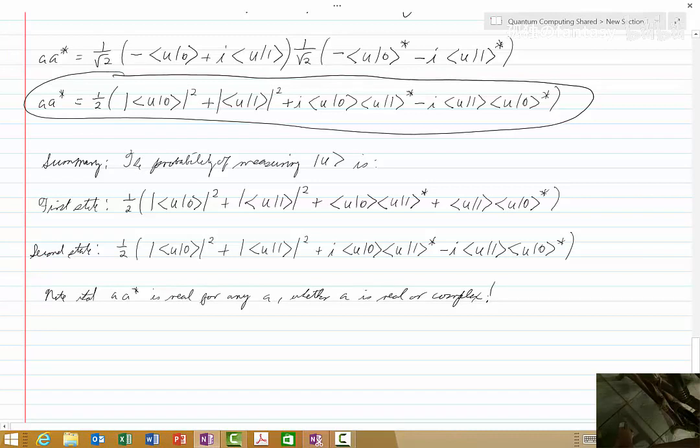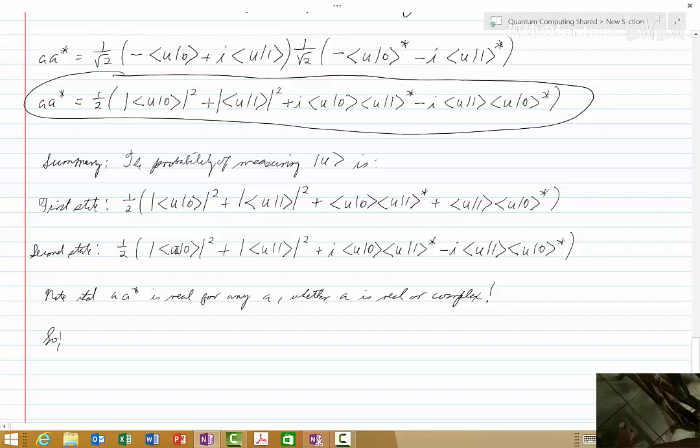Now, the reason that that is interesting is that it tells us that when we look at this second term here, okay, this term has to be real.